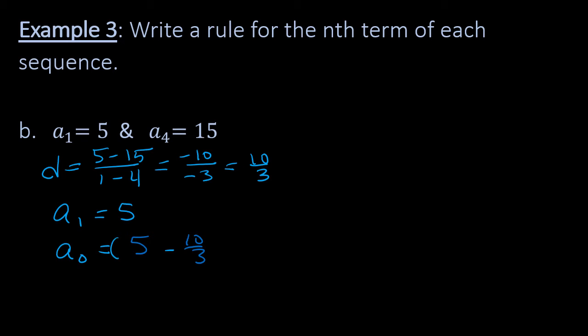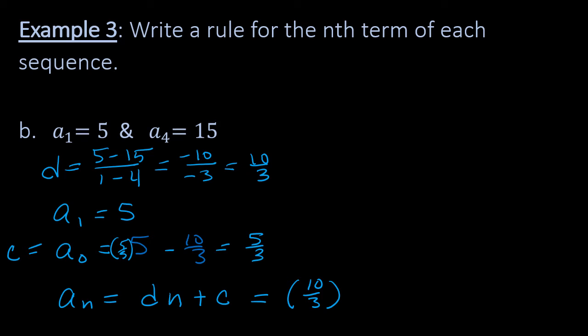So if I take 5 minus 10/3 and I find that common denominator, my a sub 0, which is my c, is going to be 15 minus 10, which is 5/3. So if I write my formula, a sub n is going to be dn plus c, which in this case, my d is 10/3, n is whatever term we're looking for, and my c value is 5/3.